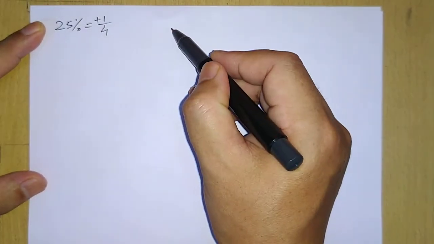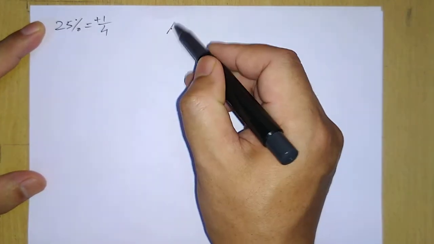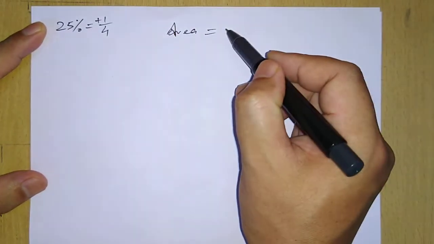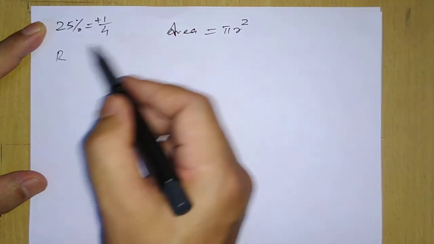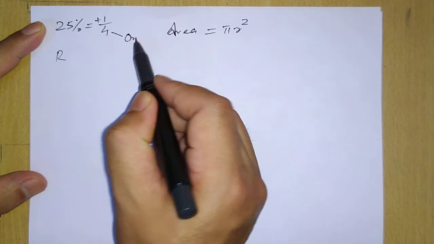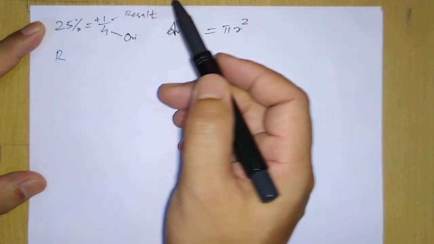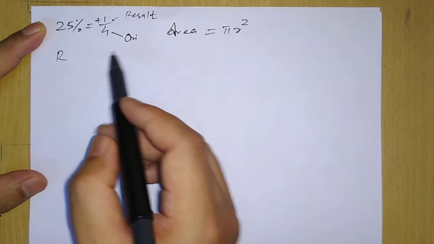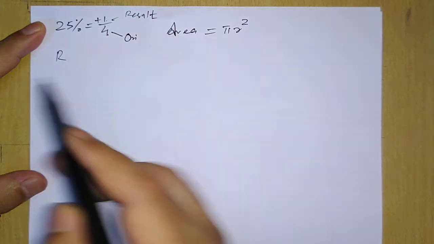We know the formula for a circle: the area of a circle is equal to pi r square. Now here the radius, this is the original and this is the result. So in this case, original is 4 and the increase is 1, so the result is 5.